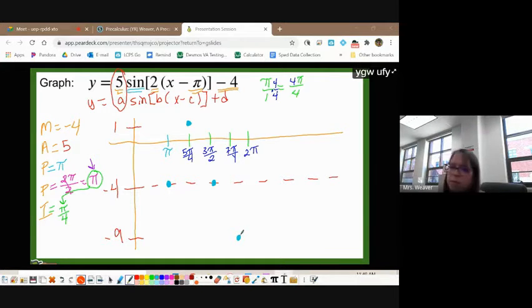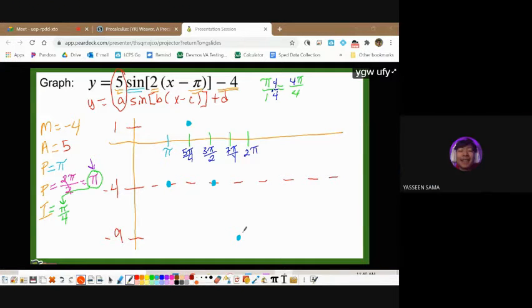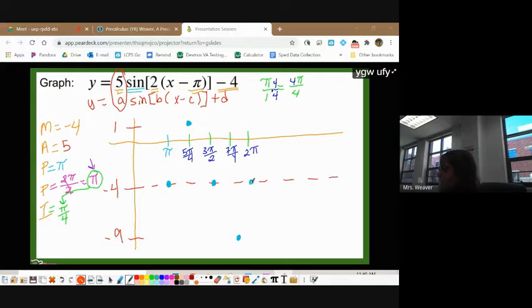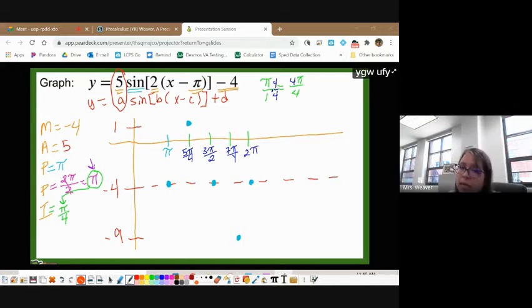And once we're at the minimum, where do we have to go, Yassine? Then we go to the midline. Exactly, because it's the minimum, we can't go any lower, and we can't jump back up to the maximum without passing through the midline first, okay? So can you guys see those 5 key points? Midline, maximum, midline, minimum, midline, and they fall at those X values.